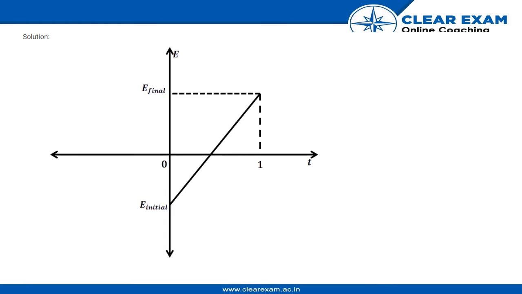According to the question, the graph will start from the fourth quadrant. E initial would be negative and it would go towards E final, comma 1 coordinate in the first quadrant. So the value would be going from negative to positive.